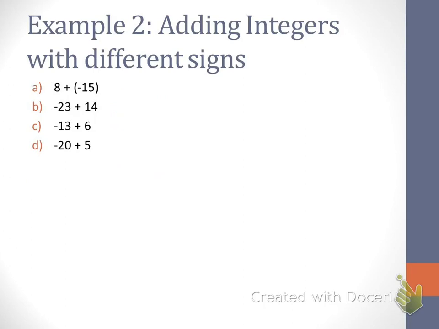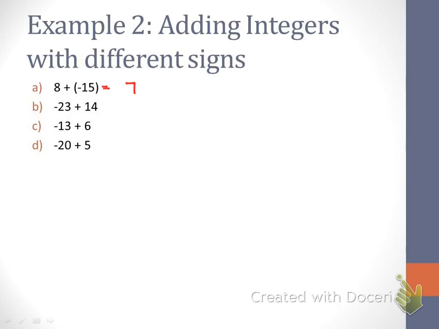All right, now in example 2, I'm adding integers with different signs. So 8 is positive, but 15 is negative. Since they are different signs, one's positive and one's negative, I'm going to subtract them. 15 minus 8 is 7, and take the sign of my greater absolute value.